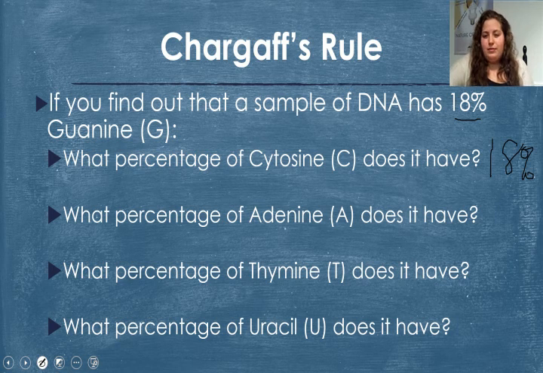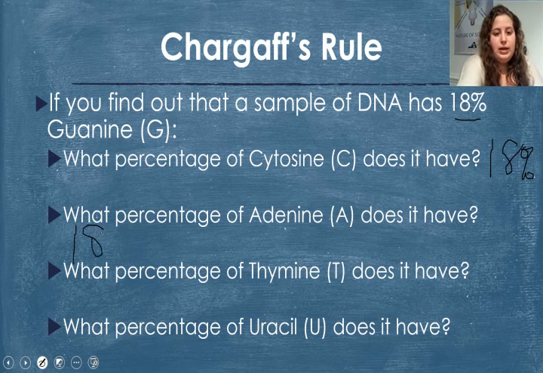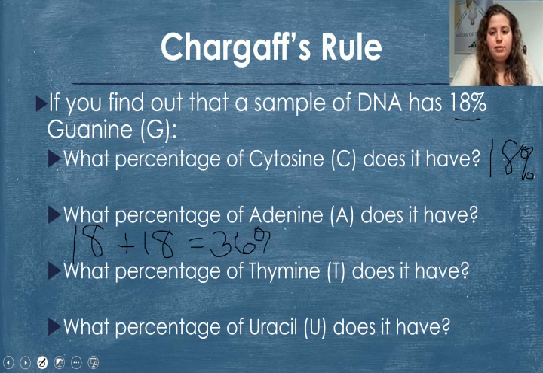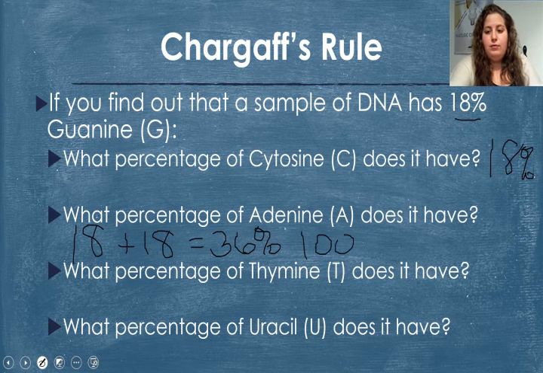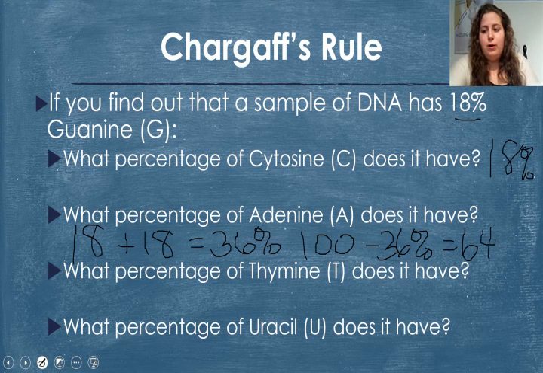So how do we figure out the A and the T? That's a lot harder. We know that it's 18% G, 18% C, so we can add those two together. And you get 36. So 36% of your DNA is C and G. If we subtract 36 from 100, because nothing can go above 100%, you're left with 64.